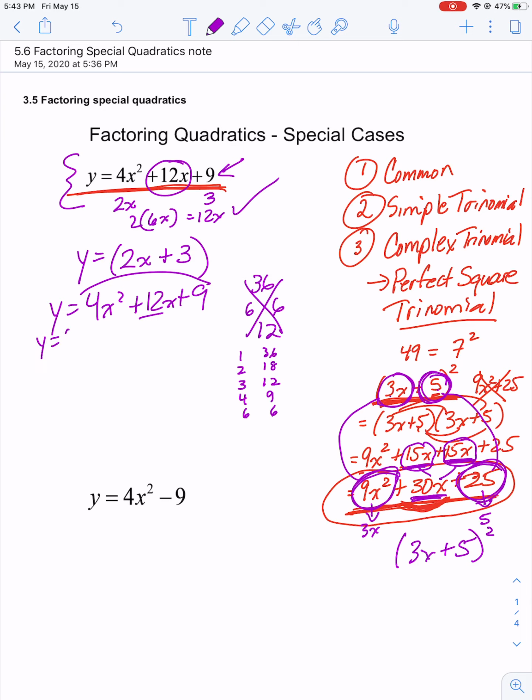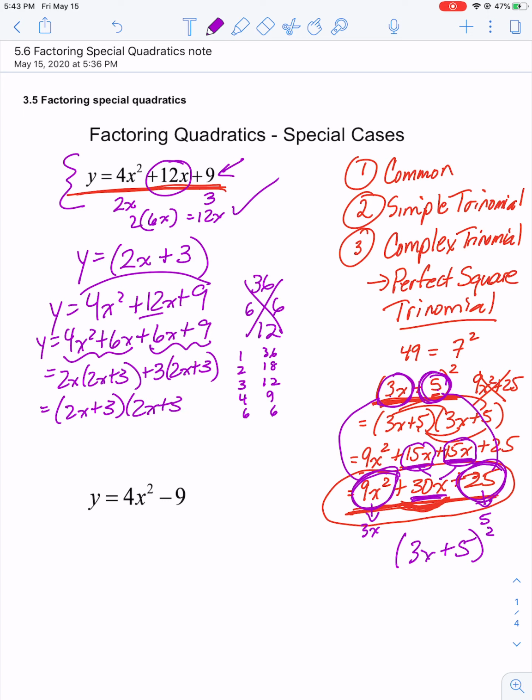So then that would be 4x squared plus 6x plus 6x plus 9. Common factor these, that's 2x, 2x plus 3. Common factor these, that's 3. 2x plus 3 gives you 2x plus 3 times 2x plus 3, which is 2x plus 3 squared. So you have a choice. You can either notice that it's a perfect square trinomial, or you can go ahead and factor it like it is a complex trinomial.